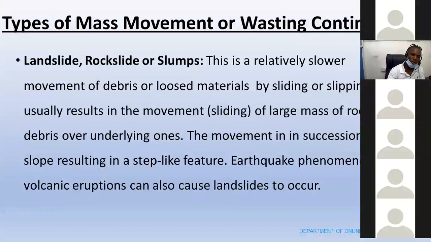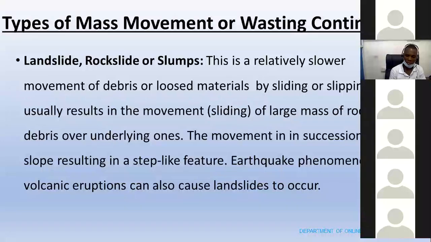Now, as these materials move downslope, the movement is in succession, giving rise to a step-like feature. So you are likely to see a step-like feature after the phenomenon of a landslide has taken place.